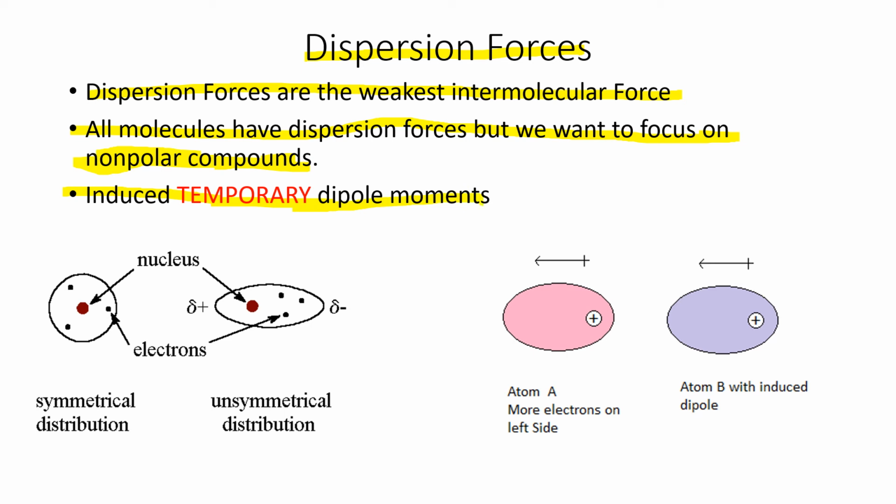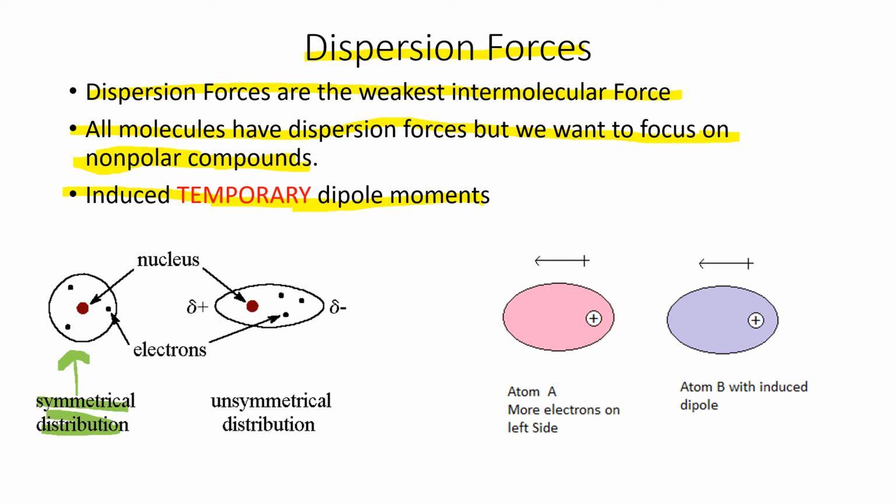So the diagram on the left, what ends up happening is the electrons in an atom or a molecule are in constant, kind of random motion. The figure all the way on the left shows a symmetrical distribution of the electrons. Very evenly and randomly distributed, very symmetrical.